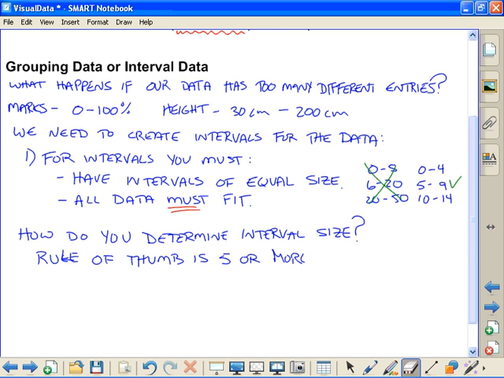If you have 5 or more intervals, that's going to give you a sufficient spread to do proper calculations.